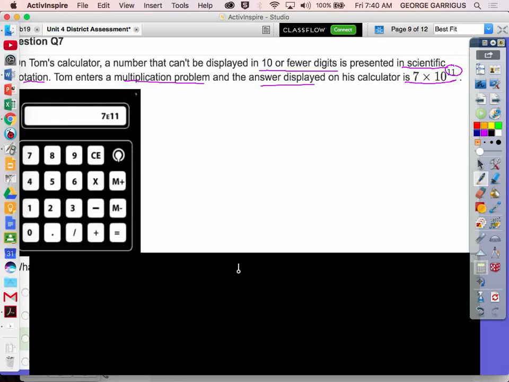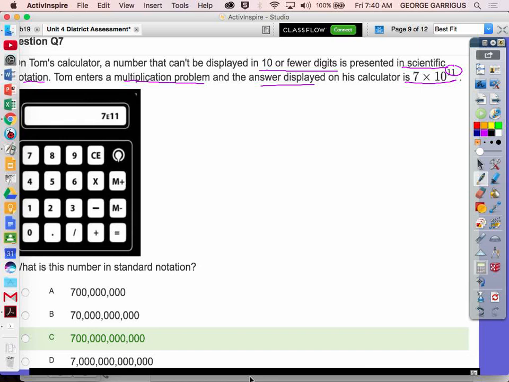So let's look here. Here's the calculator. And here we go. Let's count how many zeros here for the correct answer. 1, 2, 3, 4, 5, 6, 7, 8, 9, 10, 11. See where the decimal point is here? 7.